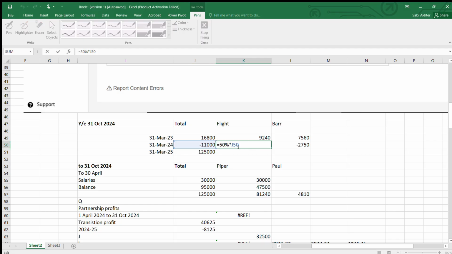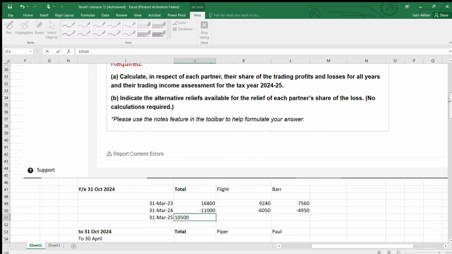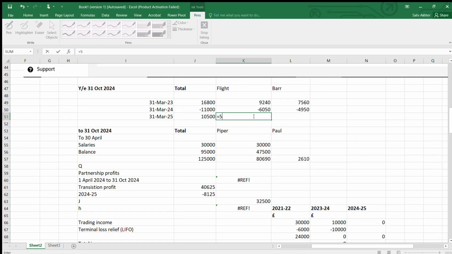So here when you take this 55 and this 45, you see it is automatically taken, and here 10,500 is the profit, isn't it? Go back up and say yes. So here 55% is done.